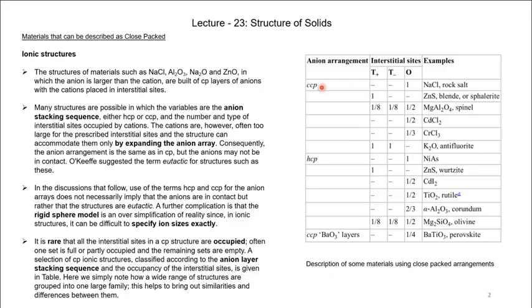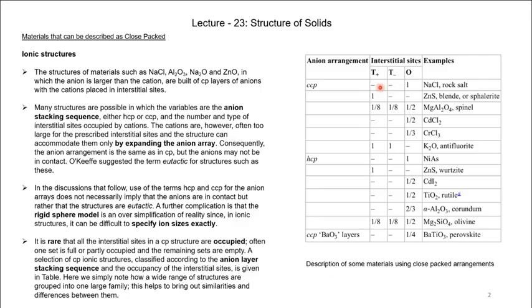Say, for example, if we have this cubic close-packed arrangement of anion, in this case, let's say sodium chloride, chloride is the anion, and sodium takes the position of the interstitial site. In this particular case, all the octahedral sites are filled and tetrahedral sites are empty.